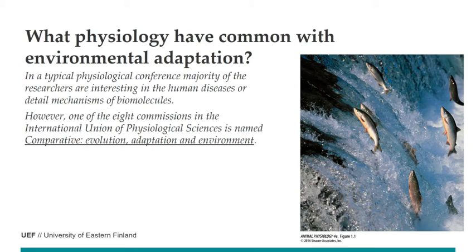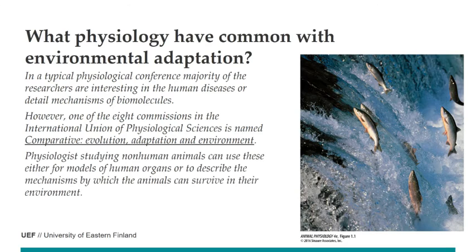However, in the International Union of Physiological Sciences, one of these 8 commissions is named Comparative Evolution, Adaptation and Environment. This practically means that at least on the planet level, there are some researchers that are studying, for example, these trouts. And so animals are studied, but we can use them for two different purposes.